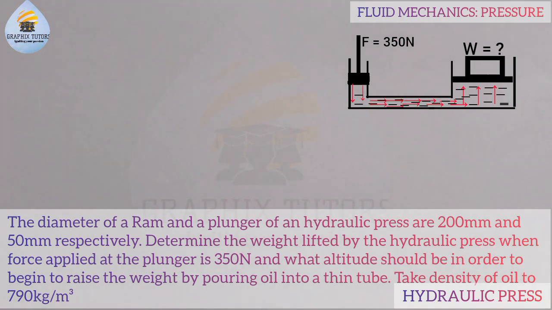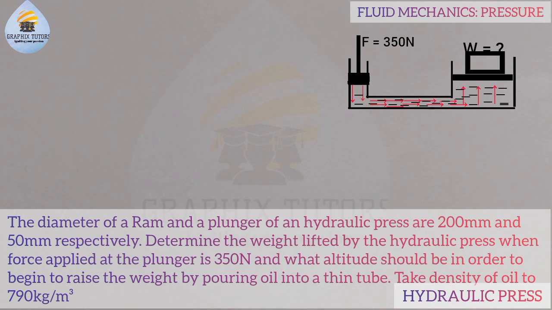The ram is like a lift. When you apply force here, there's a pressure that affects this plunger. So a downward force here will result in an increment of the pressure, which will help to increase or raise the load at the ram here.